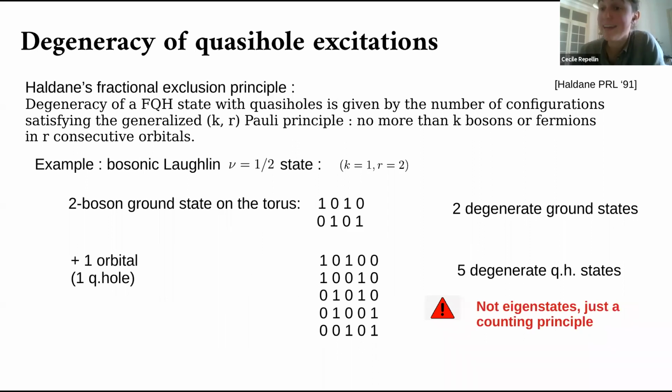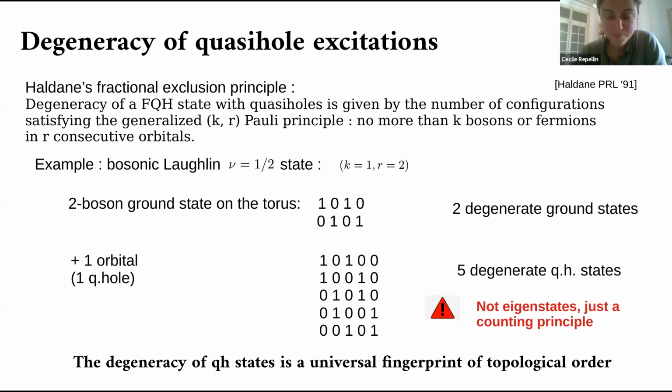They are highly entangled states, so they consist of linear combinations of many such configurations and orders. So it's good to keep that in mind, but it's just a counting principle that helps you predict degeneracies. And those degeneracies depend on which kind of topological order you have. So it's a useful way to extract topological order from numerical data.